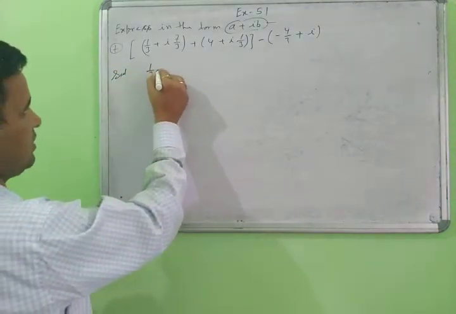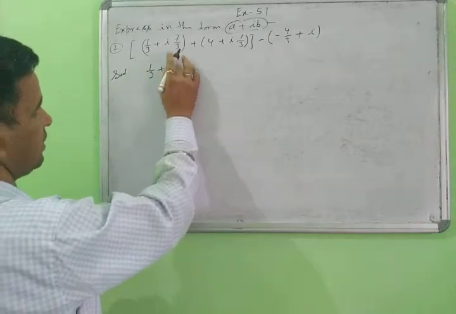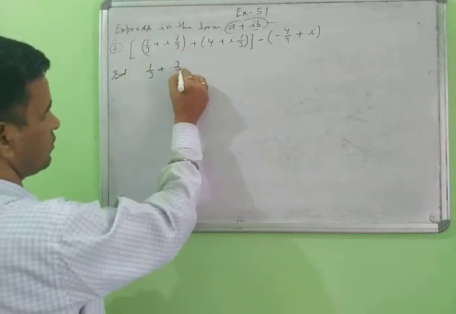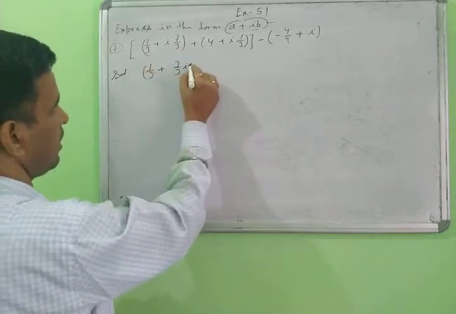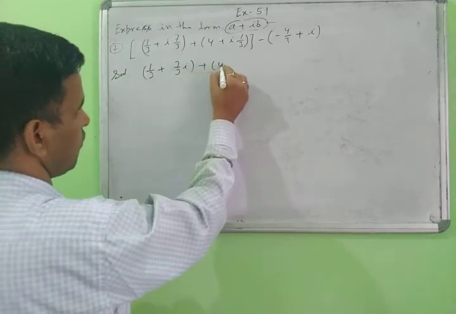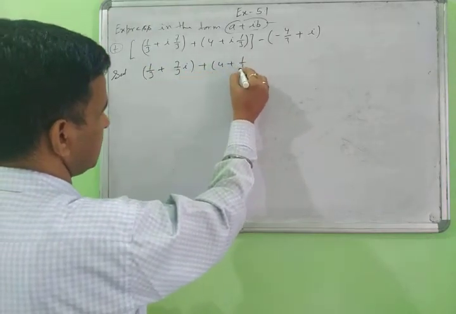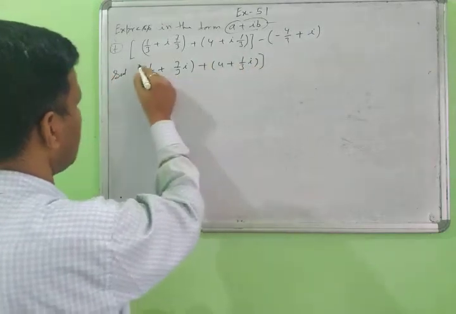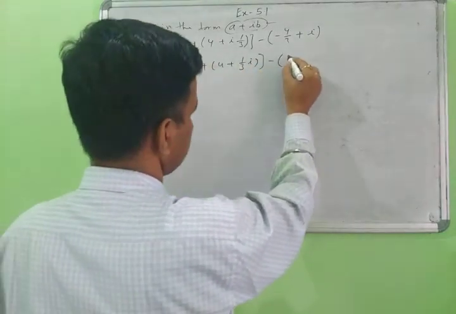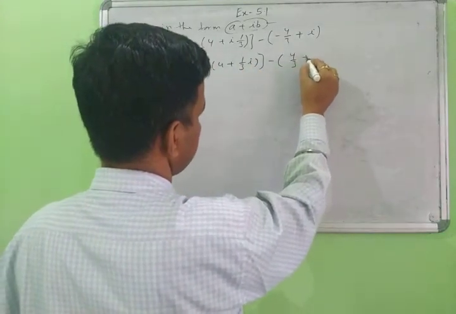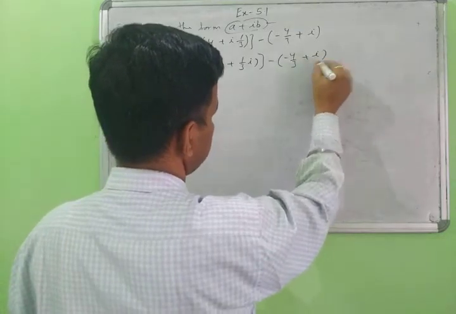1 upon 3 plus iota, 7 upon 3 iota, plus 4 plus 1 by 3 iota, and minus 4 upon 3 minus 4 upon 3 iota.